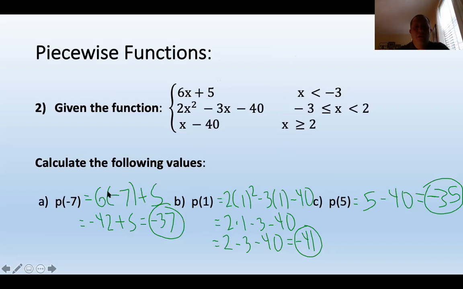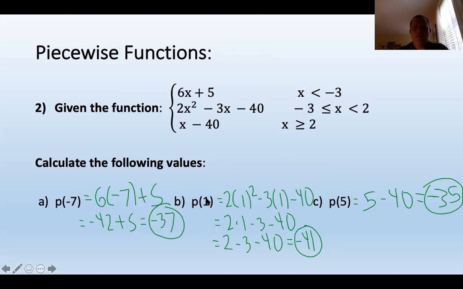So we would have 6 times, instead of x, negative 7, plus 5, and then simplify the expression. So 6 times negative 7 represents negative 42, and then negative 42 plus 5 gives us negative 37.